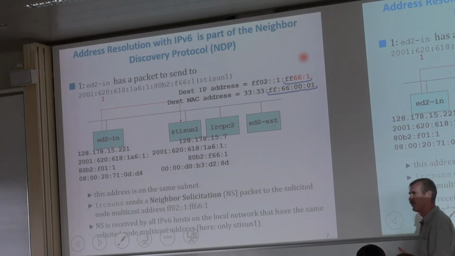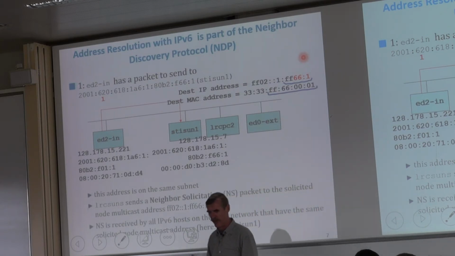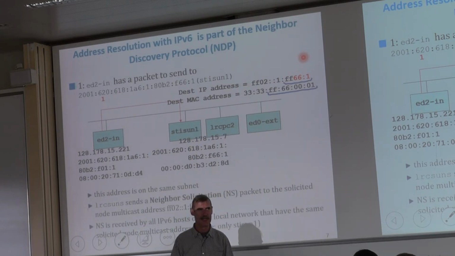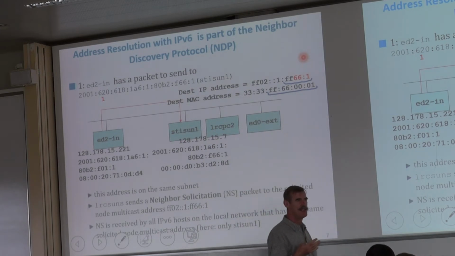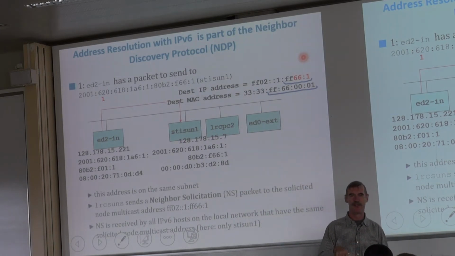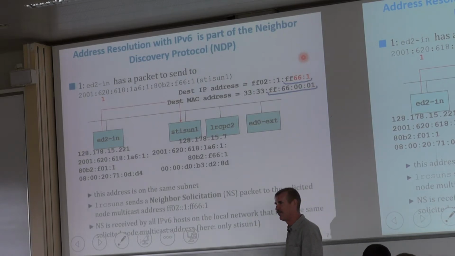The other, less essential difference is that we change the terminology and the protocol layering. It's not called ARP, but it's part of what is called the Neighbor Discovery Protocol, ND or NDP. And the packet, which many people continue to call an ARP packet, is inside an IP packet. So it's not a native Ethernet packet that lives outside the IP world.